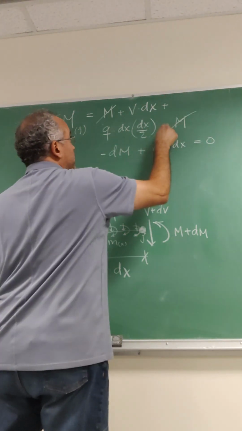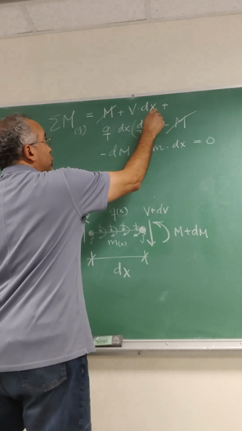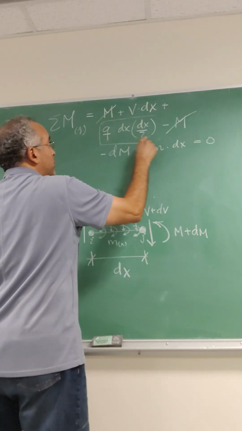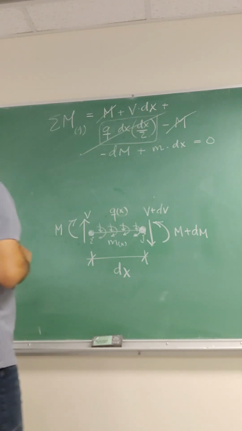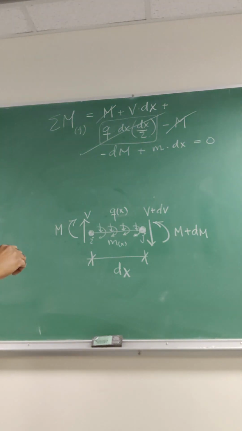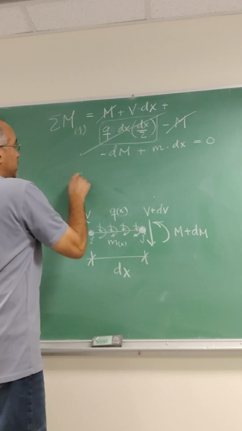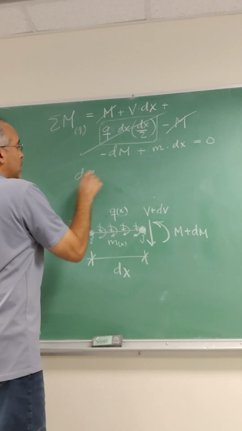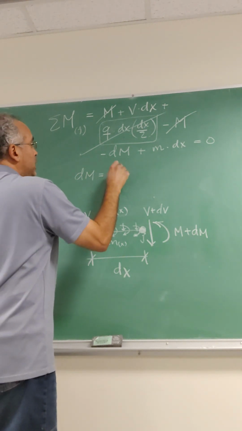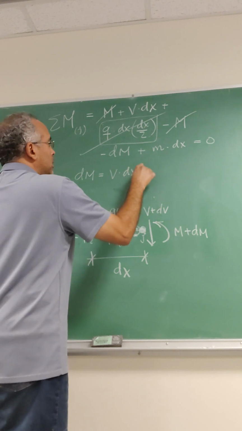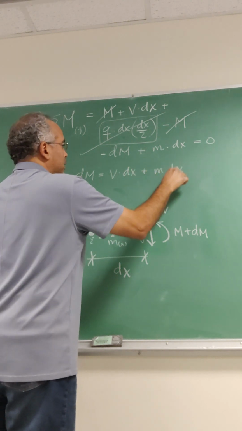That M cancels with that M. This term here vanishes because it's of second order differential. And then you end up with this relationship here: dM equals V dx plus m dx.